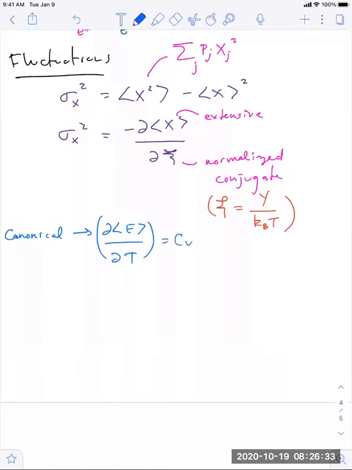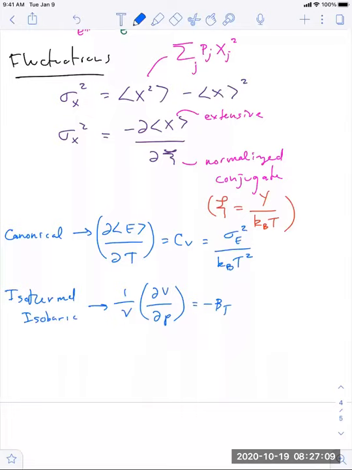So we can do this similarly in the isothermal-isobaric ensemble. And we get that if you take 1 over volume times the change in volume with respect to pressure, this is related to the isothermal compressibility of the system. And again, also related to fluctuations.